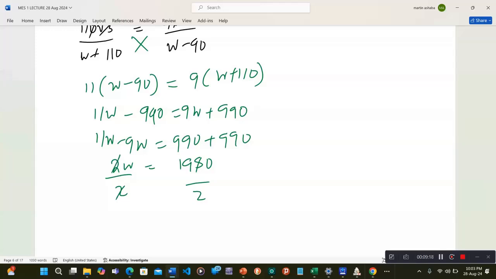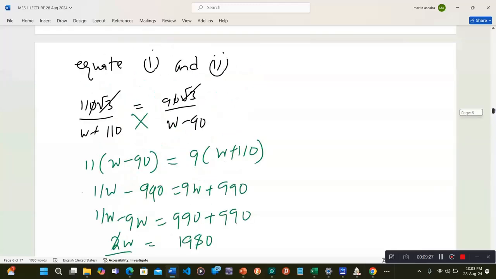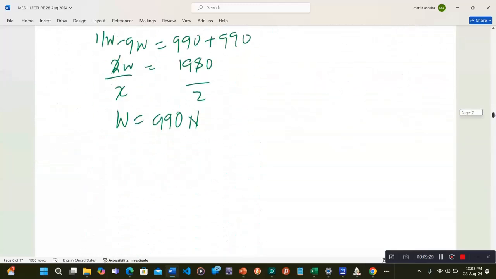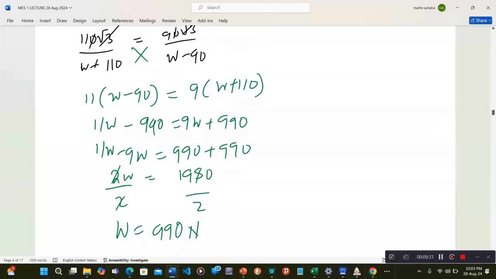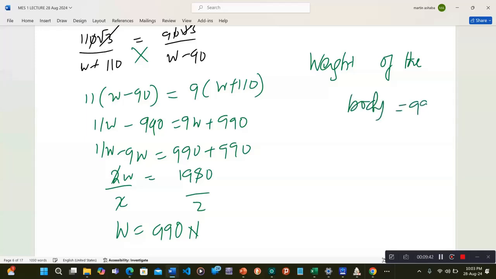My W will equal 990 newtons. That's the weight of the body. So weight of the body is equal to 990 newtons.